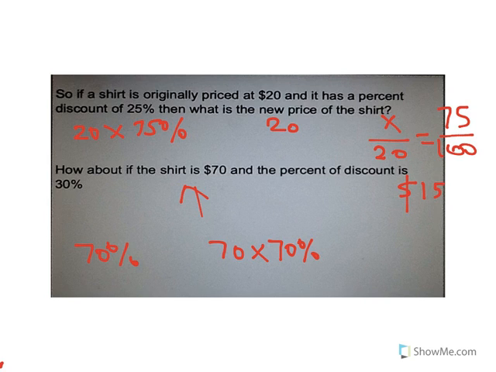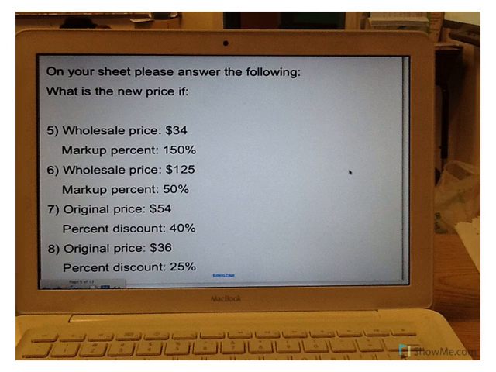And if you wanted to do it the other way, set up a proportion. Your original shirt is $70. That was when it was 100% of the cost. That's why it's there. So now it's 70% of that, and you're going to end up with $49 as the cost of the shirt.